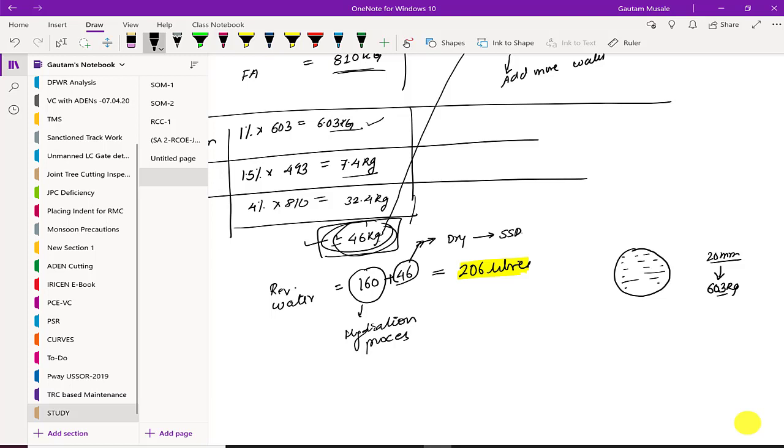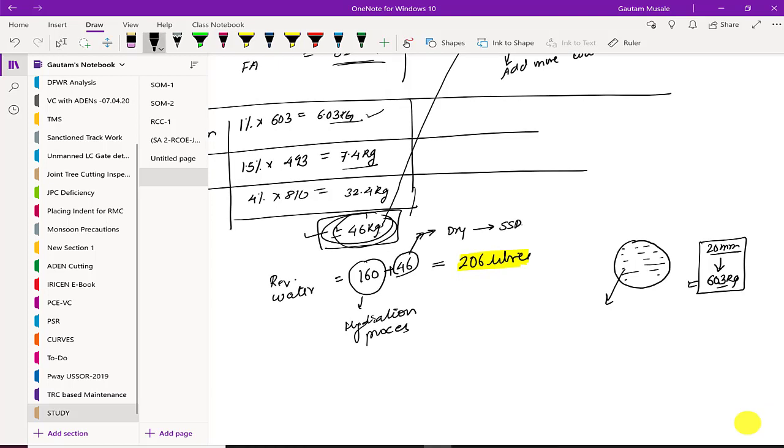Now in SSD condition, when it is 603 kgs, that means this 603 kgs can be divided as the weight of the aggregate solid plus the weight of the water which is absorbed inside completely, right? That is in the SSD condition. So this 603 will be the sum of the weight of the solids plus the weight of the water which has been absorbed.